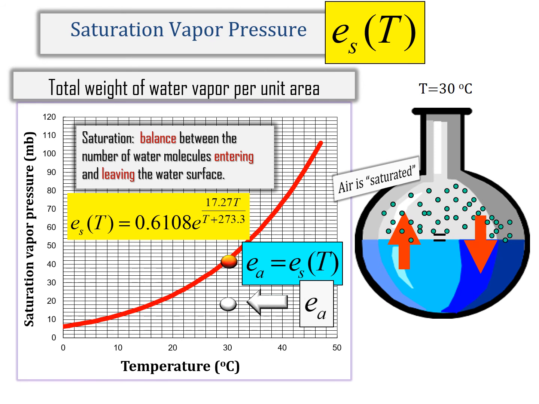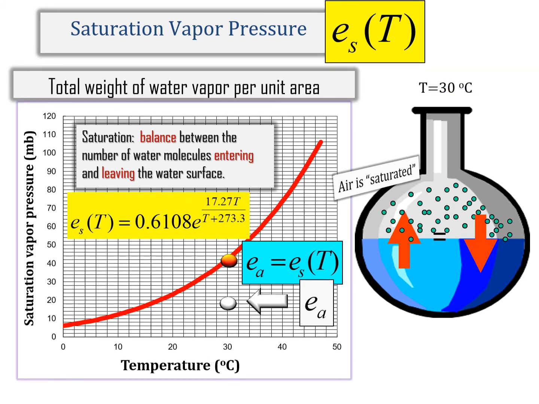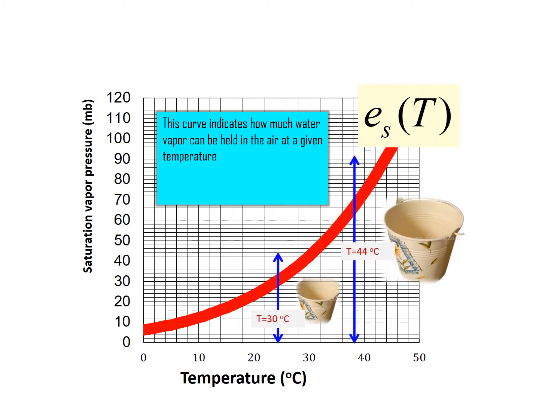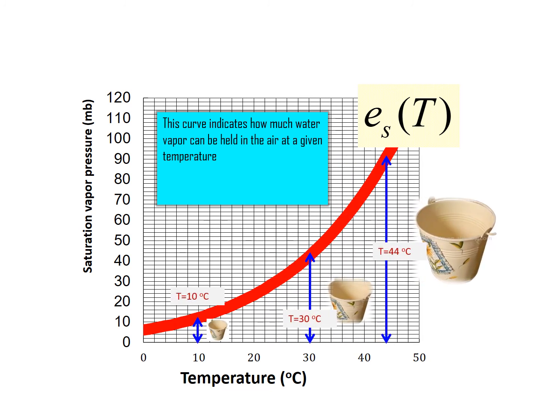That means the air has different ability to hold water vapor molecules. Just like glasses: a small glass and a big glass can hold different amounts of water. So this saturation pressure is a function of temperature. Hot air can hold more water molecules.